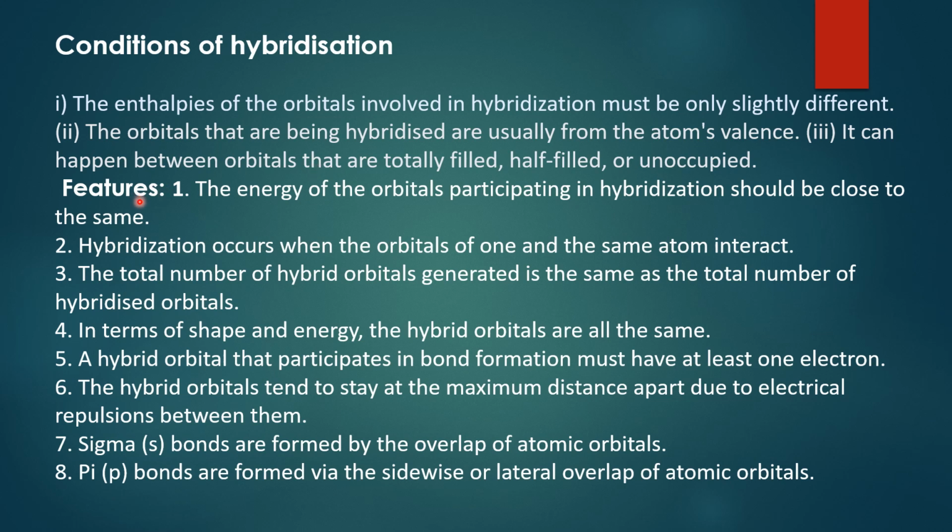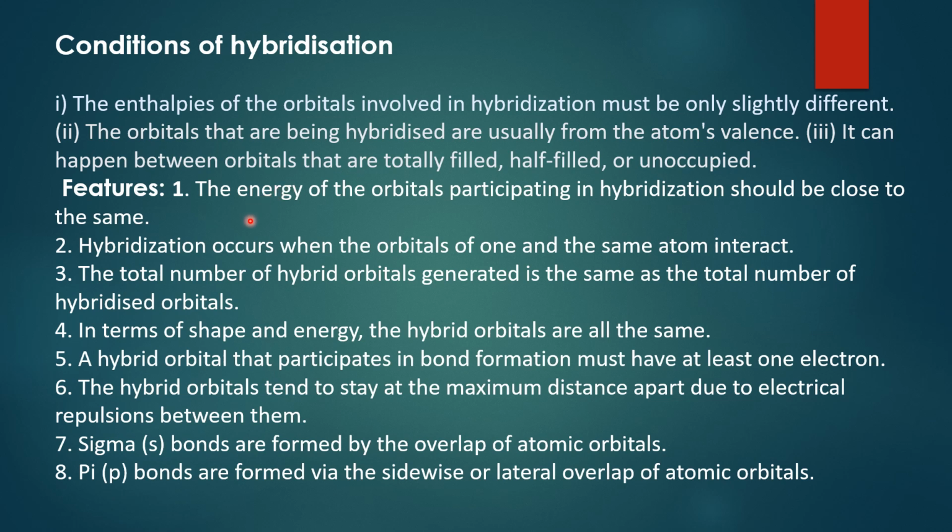The next point is that hybridization occurs when the orbitals of one and the same atom interact. Here, it is the intermixing of similar atomic orbitals of the same atom, but atomic orbitals of different atoms cannot be involved in hybridization.